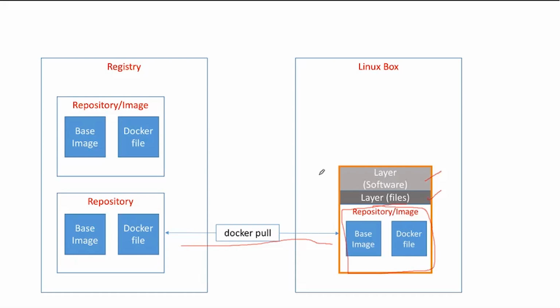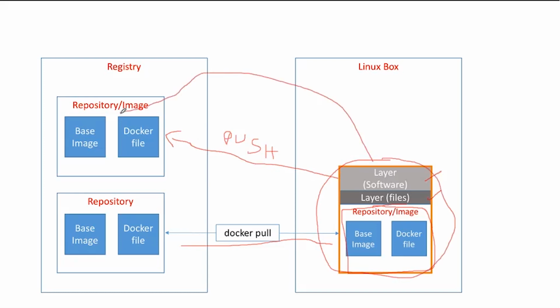And then once you get it to where you want, I can take it and push it back, and everything I've added now becomes a base image or repository image in my registry.